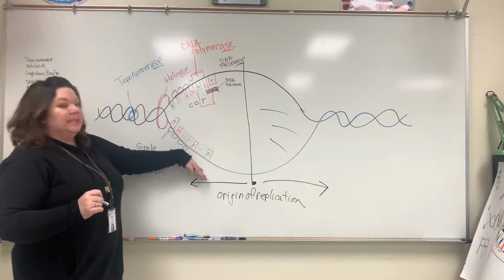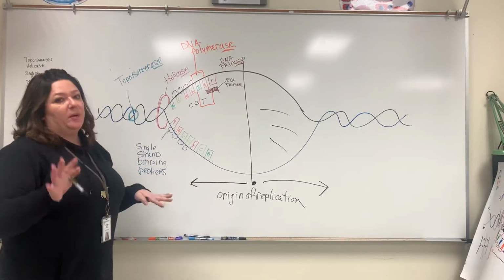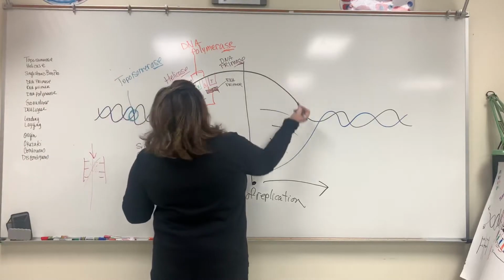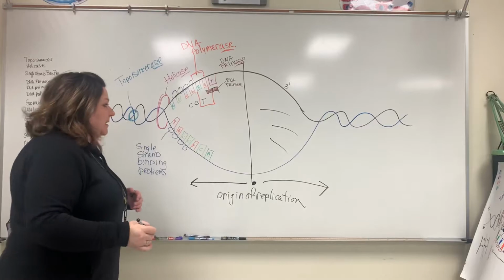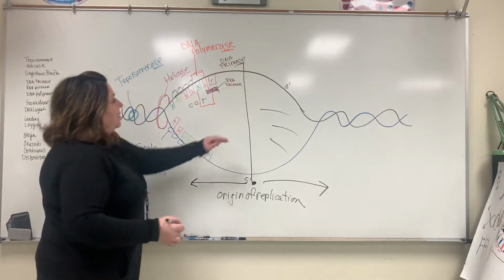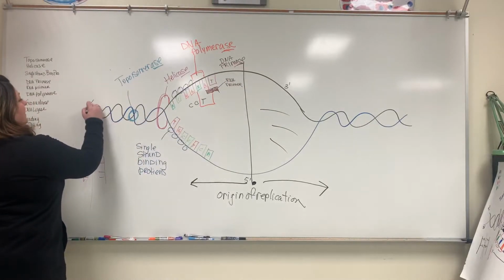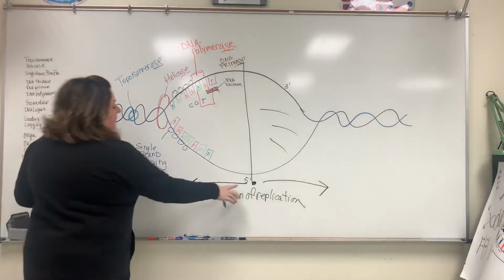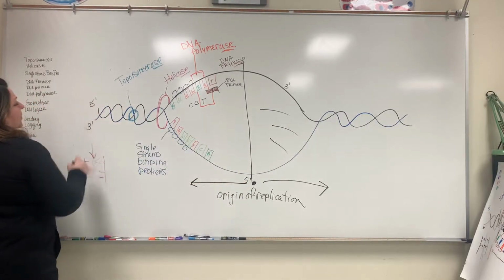Now, both of these strands happen a little bit differently. This side is gonna happen a little bit more easily. We're gonna say that this is the 3' end of that side of the DNA, and this is gonna be the 5' end. So if you follow this strand, this black strand, if that's the 3' end, that means this is the 5' end. If this is the 5' end of the blue strand, then this is the 3' end.